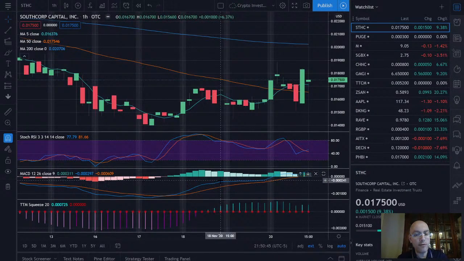Now, when it took off right here, you'll notice that the stochastic RSI also took off a little bit. So always assess whether the MACD is bearish or bullish based on the coloring of the blocks.